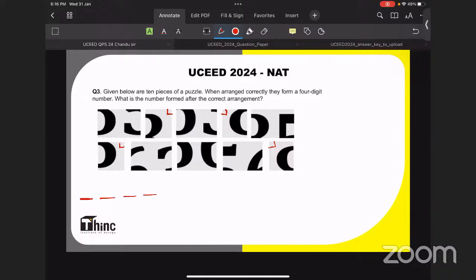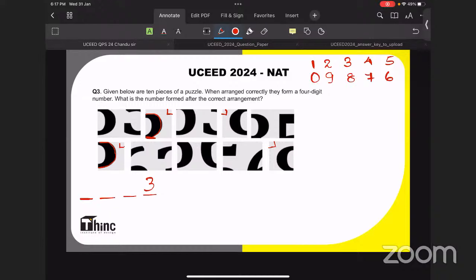When I observe these pieces, I could sense it could be part of 3. I know the digits 1, 2, 3, 4, 5, 6, 7, 8, 9, and 0 also.